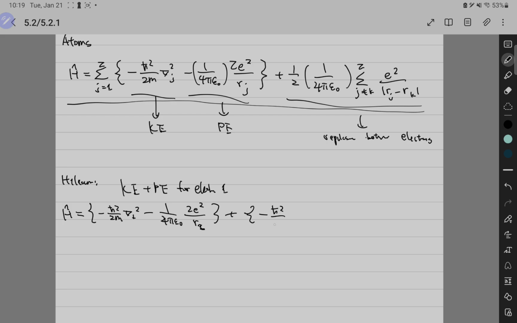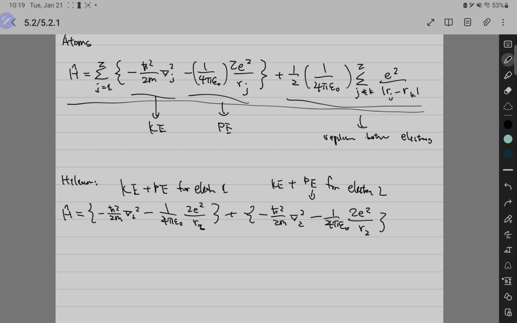So the second one will be the same equation, but we're going to have 2 for our Laplacian operator here, and minus 1 over 4 pi epsilon, 2e squared over r2 rather than r1, because we're looking at the second electron. So this is KE plus PE for electron 2.